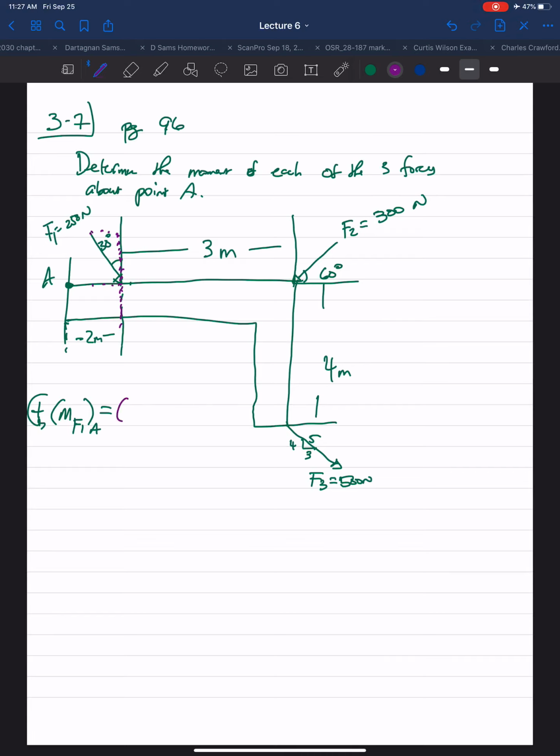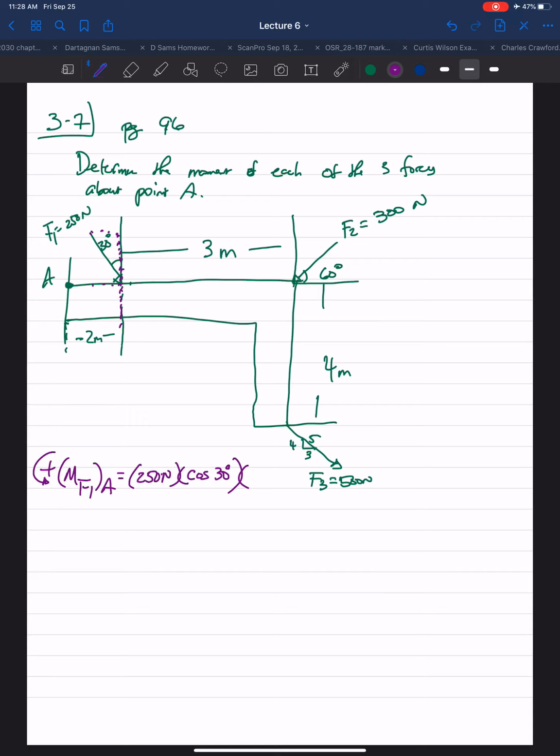So that would be F1, which is 250 newtons, times the vertical component of that angle, which is cosine of 30. 250 newtons times the vertical component, which is the A leg, cosine of 30 degrees.